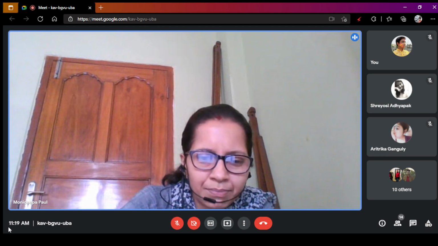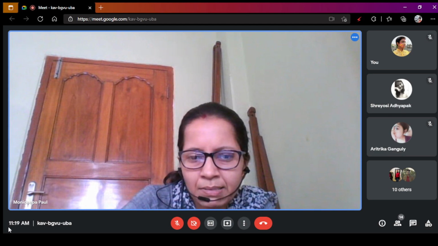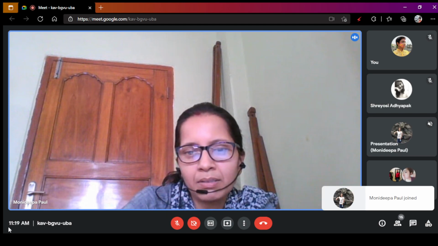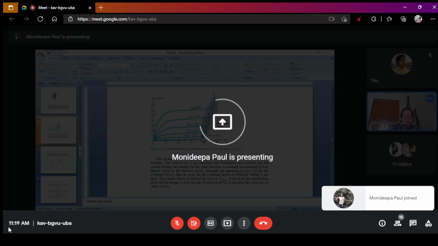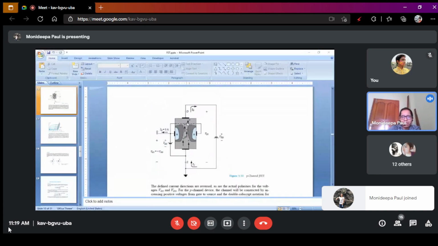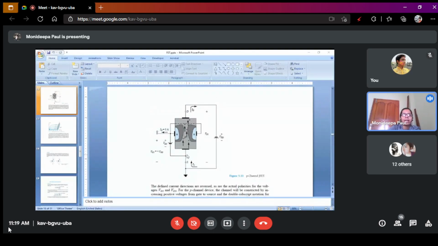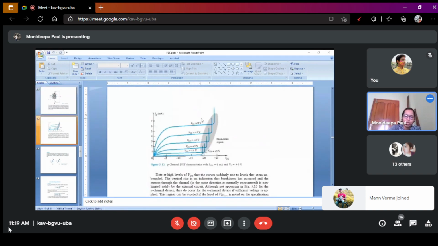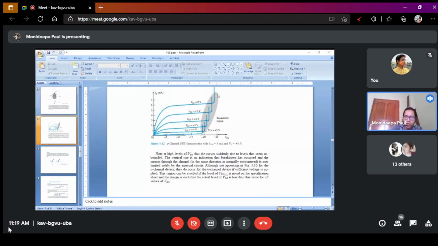You see this figure, then you can easily understand. If VDS is high enough, this channel will break down and uncontrolled maximum current flows through this circuit. Both cases happen in N channel and P channel types. So this is known as the breakdown region.